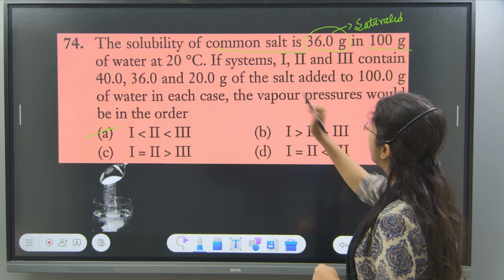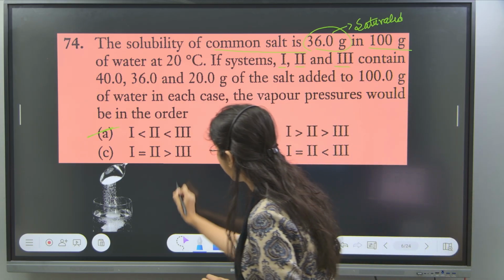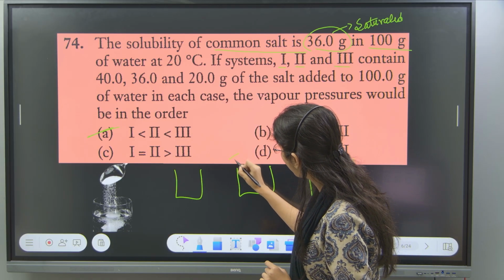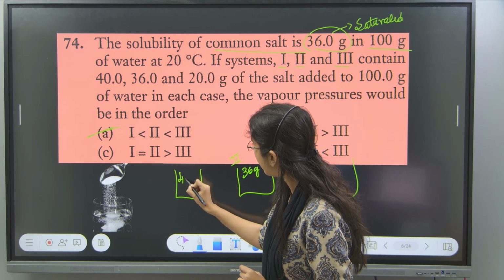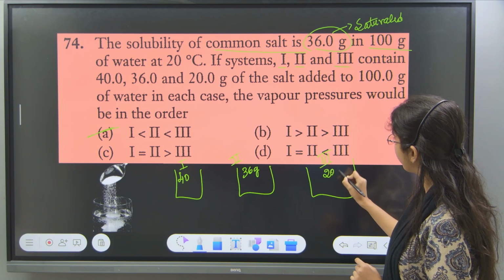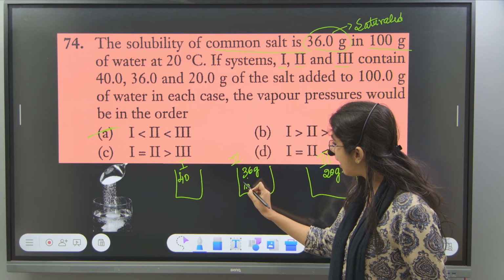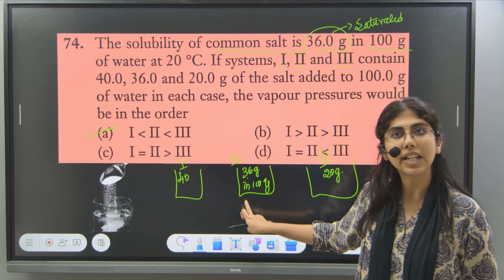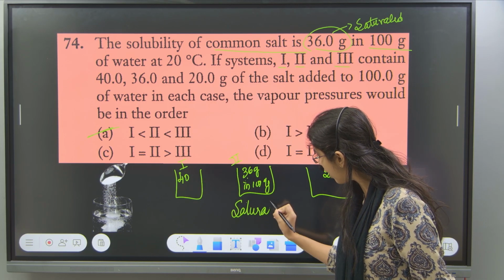Okay, now here they have taken three systems, 1, 2 and 3. Let me write these three systems. Now 2 contains 36 gram, 1 contains 40 gram and 3 contains 20 gram. Now 36 gram in 100 gram of water is the maximum amount of NaCl that can be dissolved, and I call this a saturated solution.